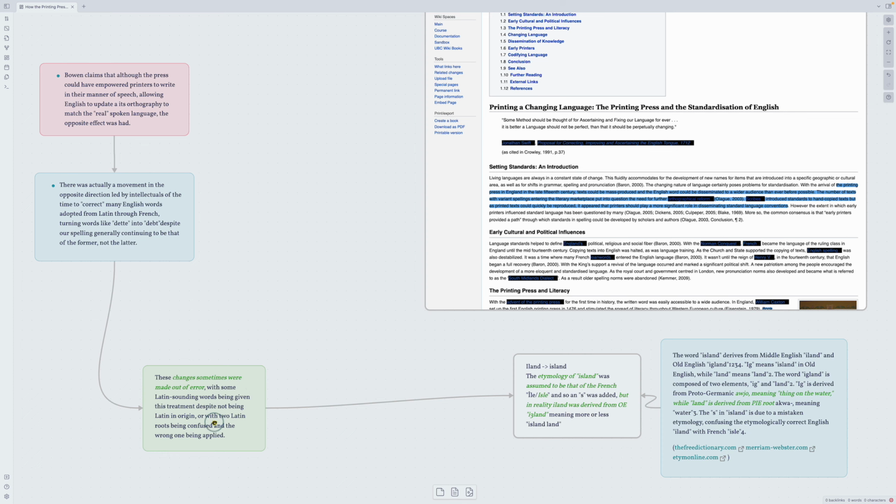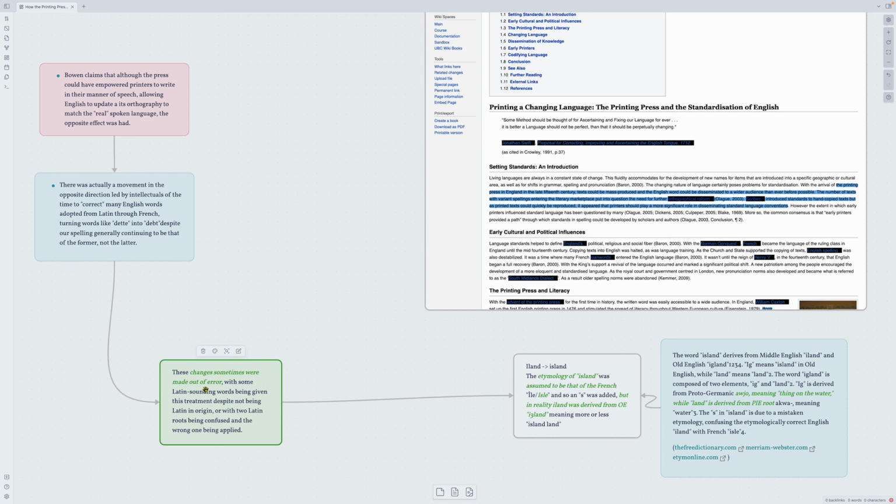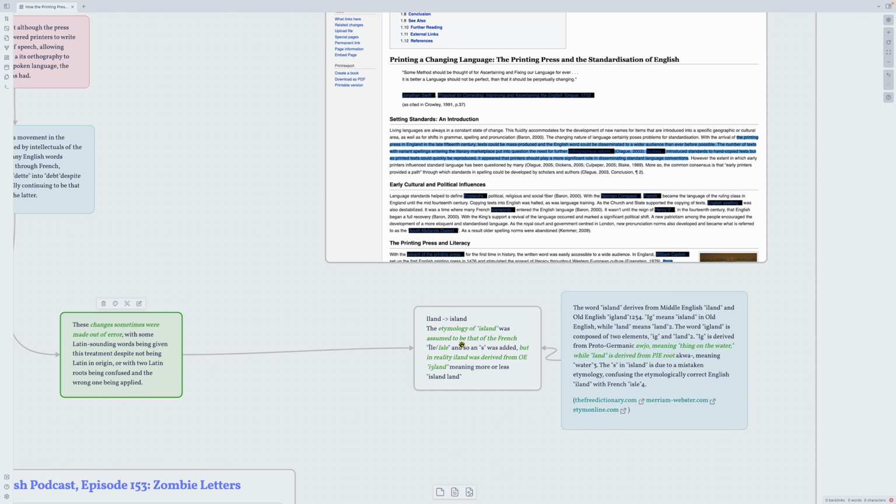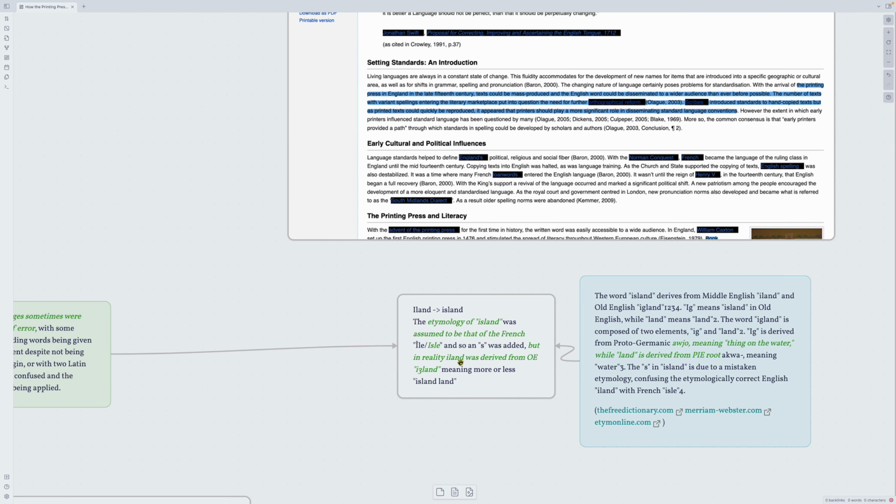And sometimes these changes actually happened in error, and sometimes that would result in the pronunciation changing in some way, and sometimes it wouldn't. So, for example, the word island, it was assumed back in the day when they were doing this big shift that island came from the French word isle, which includes an S, because the French word isle means island.